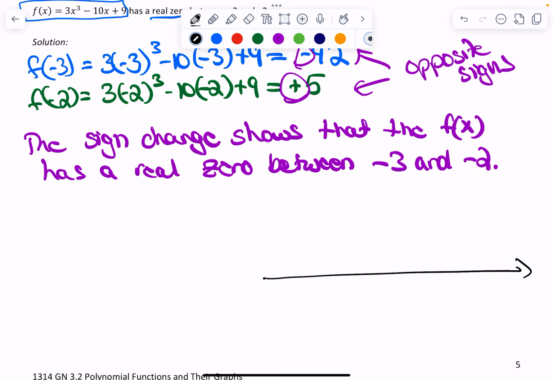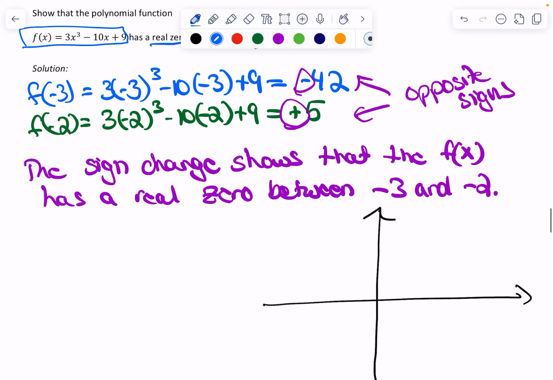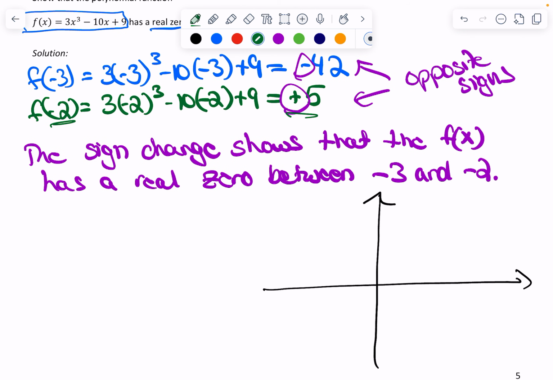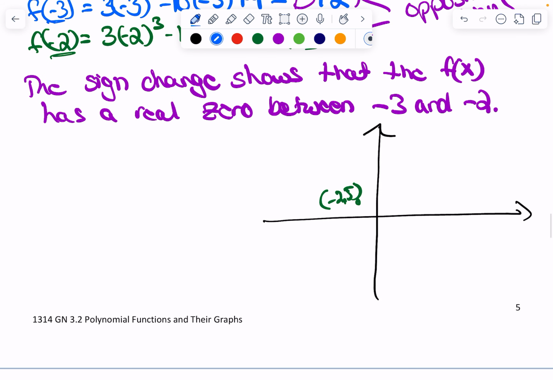And this is going to be interesting to sketch because of the values. So let's actually do negative 2 and 5 first. So negative 2 and 5 is going to be somewhere over here. That's negative 2 and 5. And then negative 3 and negative 42 is going to be somewhere all the way down here, probably even farther down.